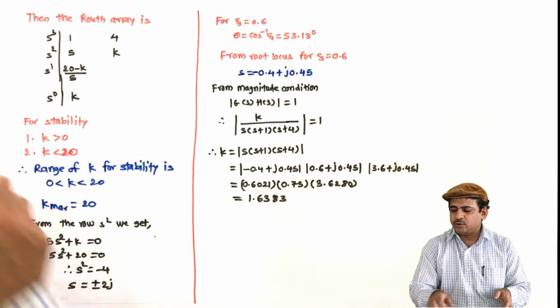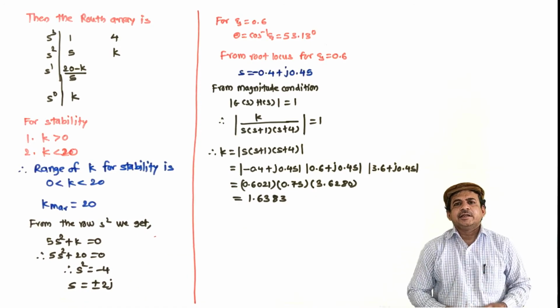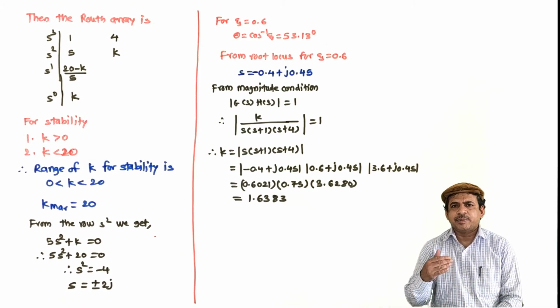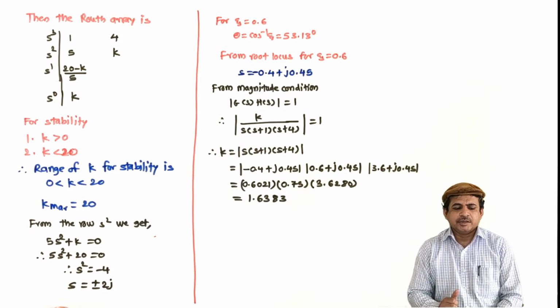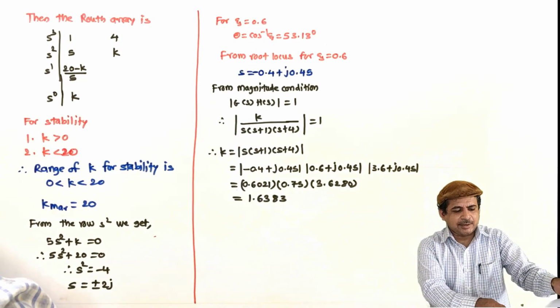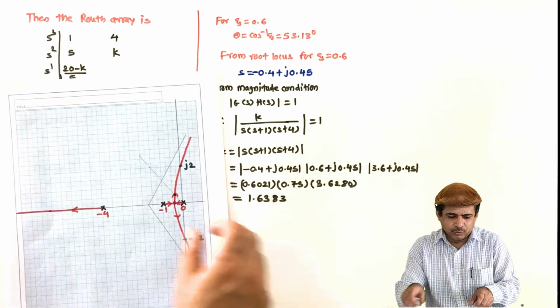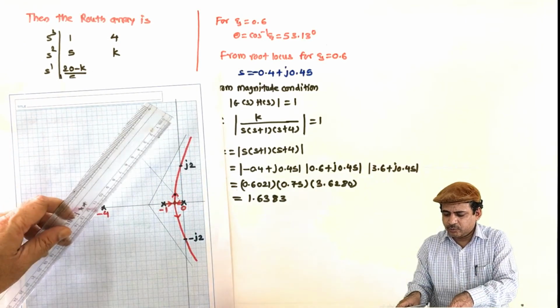So when K is equal to 1.6383, you will get the damping factor of the overall system as 0.6.